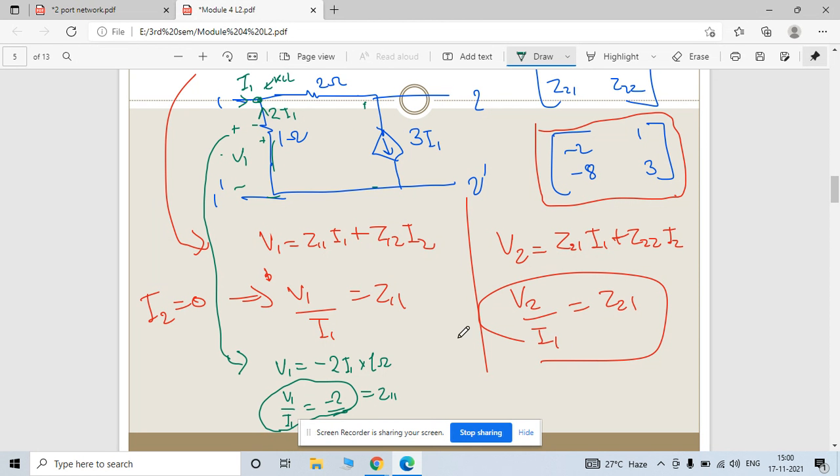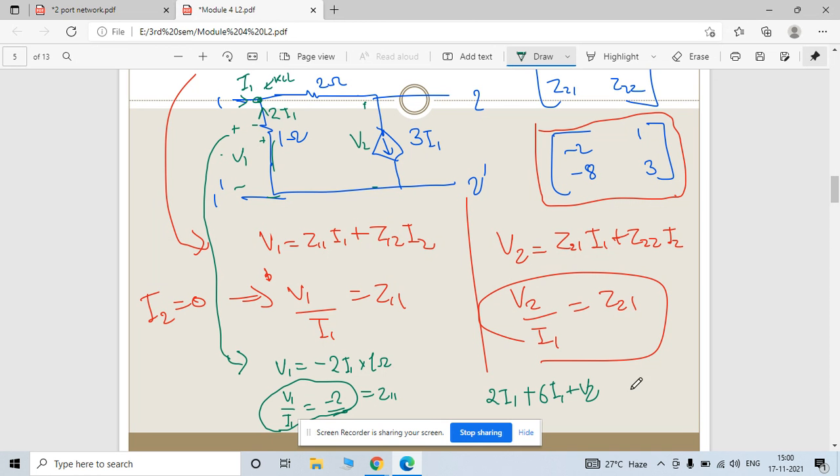See what equation you will get here: 2I1, because 2I1 is this branch, plus 3I1 into 2. This is the voltage drop for this 2 ohm resistance. So this is your 6I1 plus V2, the voltage drop across this.